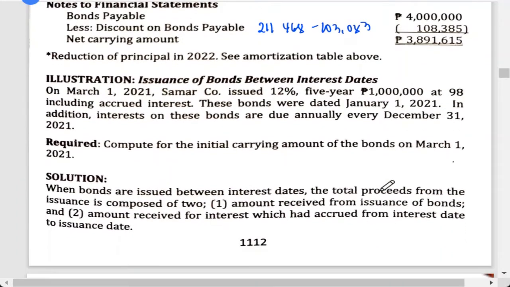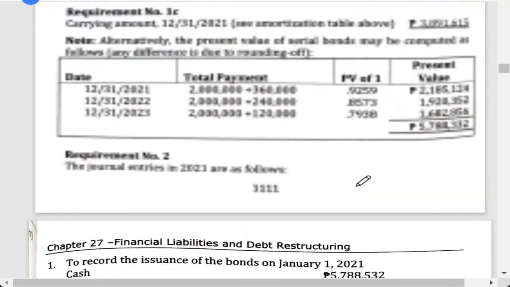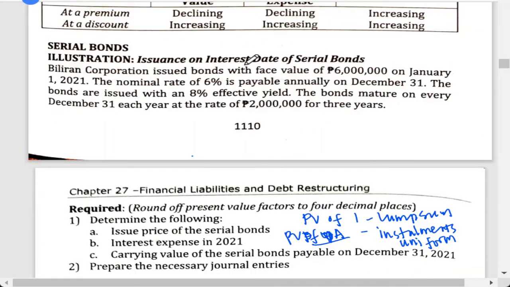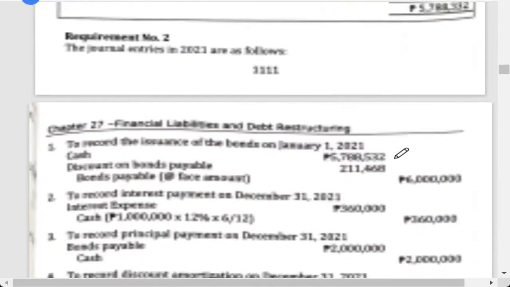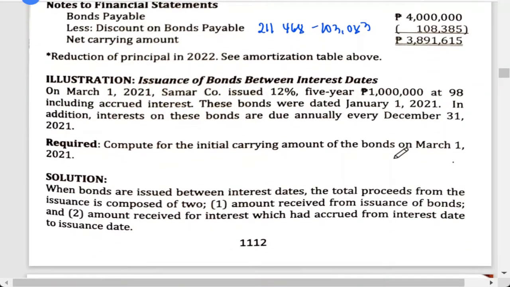Okay, another example, issuance of bonds between interest dates. Earlier, it was on the interest date, meaning the issuance date coincided with the interest date. This one does not coincide with the interest payment dates. For example, on March 1, 2021, Summer Company issued 12% 5-year bonds with a face amount of 1 million at 98 including accrued interest.